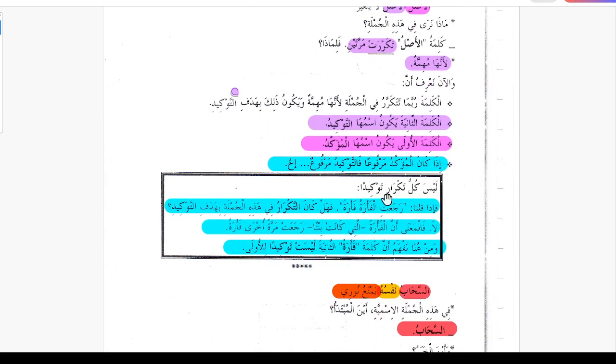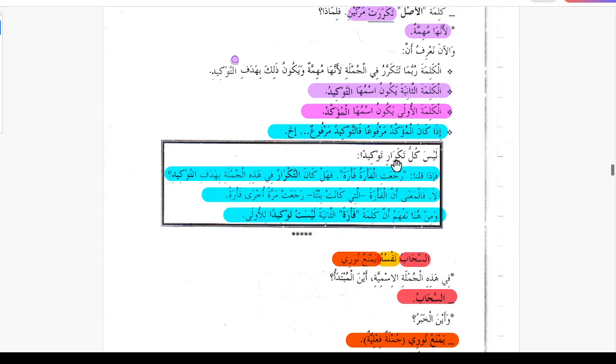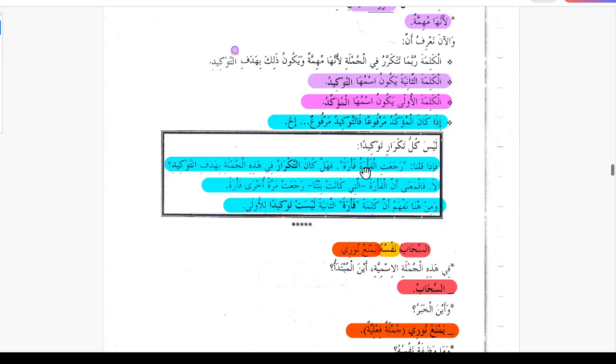Not all repetition of words is emphasis. I mean, it is not always the case that a repeated word is an emphasis. Here is an example. When we said rajatil faratu faratan, the mouse returned to a mouse. In the lesson, the mouse was turned into a girl, then it changed back to a mouse.